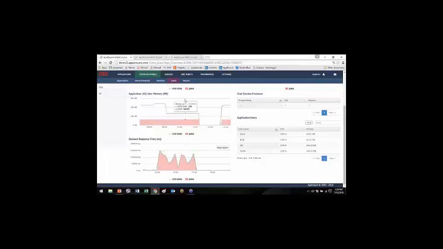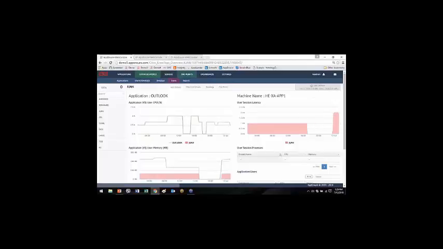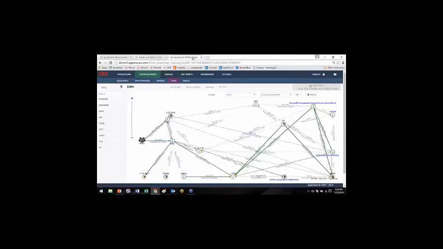So if I look at the topology of that user, you basically can see that all of this I'm showing you here is completely auto-discovered. There is nothing here that has been configured.